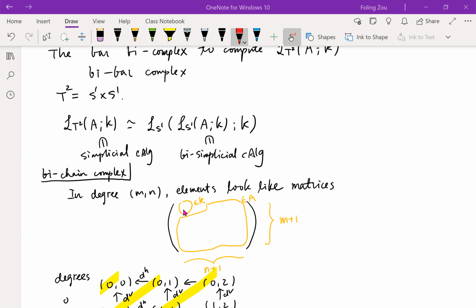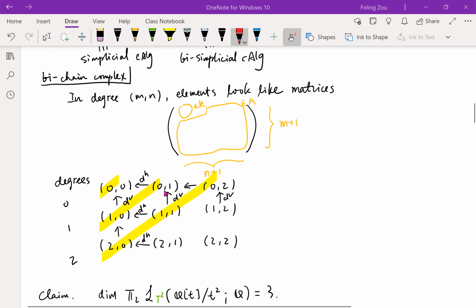And this slot over the base point is an element in the coefficient field K. And all these other slots are elements in the ring A. And we have horizontal and vertical differentials, and the total chain complex of this will help. The homology of that will give us the homotopy of the Loday construction on the torus. So this is total degree 0, total degree 1, and total degree 2.